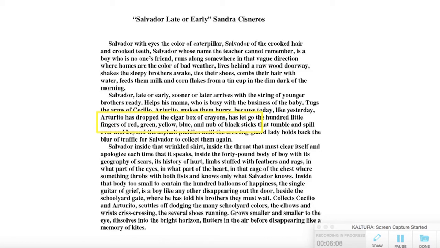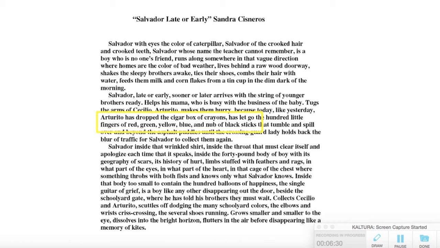And why does Cisneros refer to them as the 100 little fingers of all the different colors, and then say nub of black sticks? There's something unsettling about her use of the word nub here compared to fingers. Even though everyone knows you use the black crayon the most, so that's why it's the shortest, it makes it sound like there's some disfigurement going on.